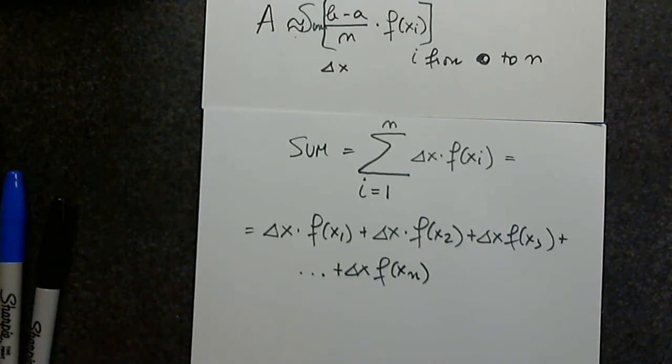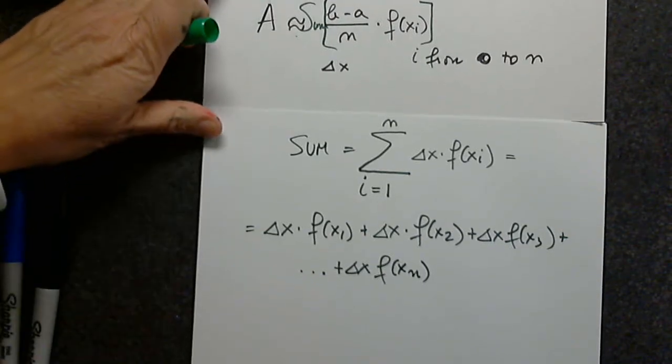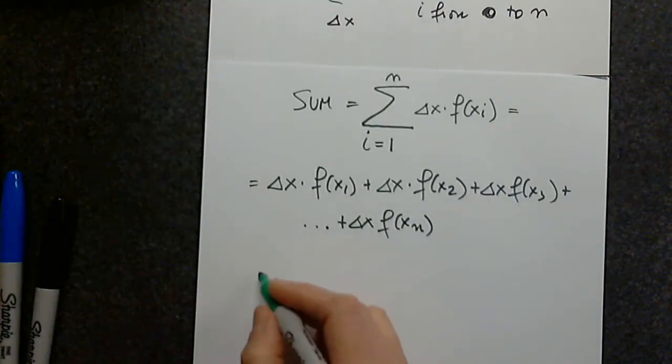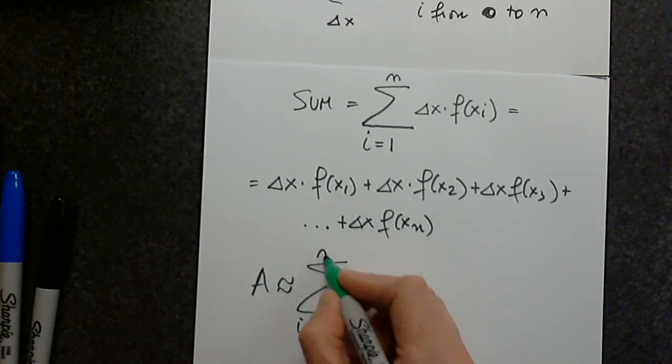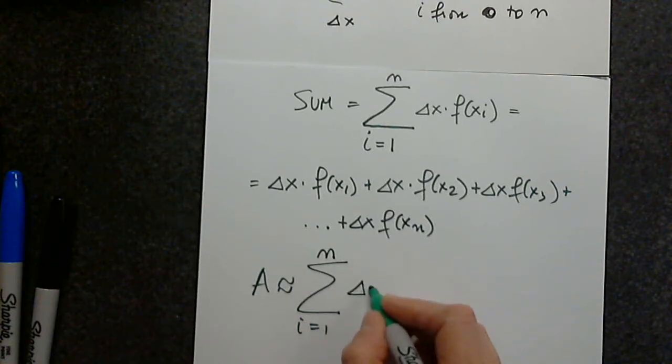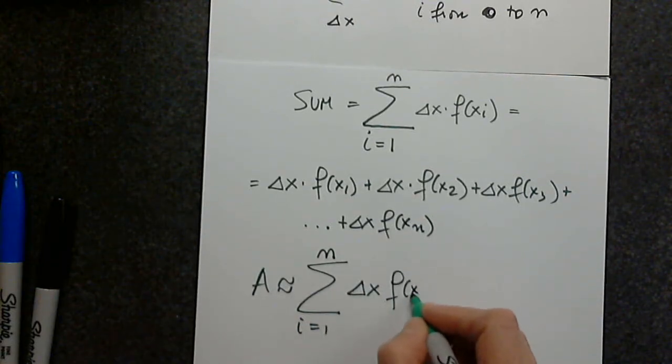Correct. Perfect. So I know now that the area is approximately the sum from i equals 1 through n of delta x f of xi.